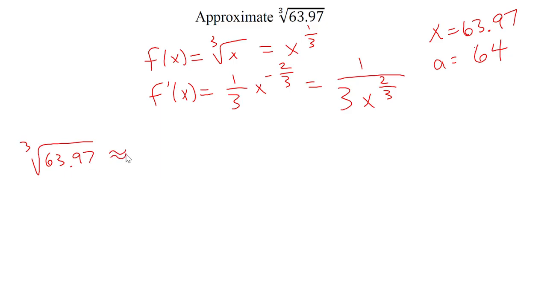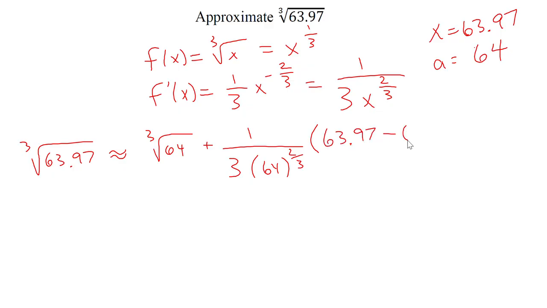So the cube root of 63.97 should be approximately equal to f of a, so the cube root of 64, plus 1 over 3 times 64 to the 2/3 times 63.97 minus 64. And then, of course, we'll just simplify all this down. This is 4. In the numerator, we have a negative 0.03.